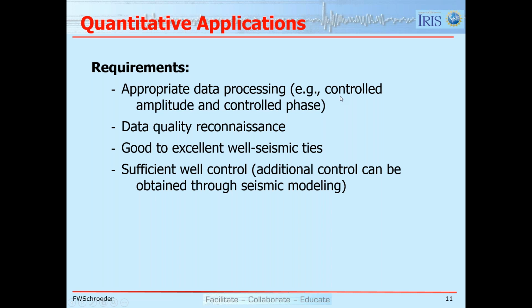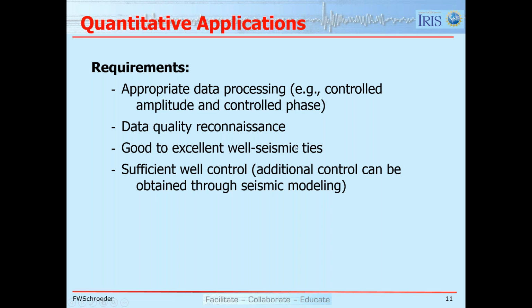So usually what we would ask our processors is, has the processing been a controlled amplitude and controlled phase set of processing? We'd have to do a seismic data quality reconnaissance. If the data quality is poor, then doing some of these different types of quantitative analyses would not be trustworthy.